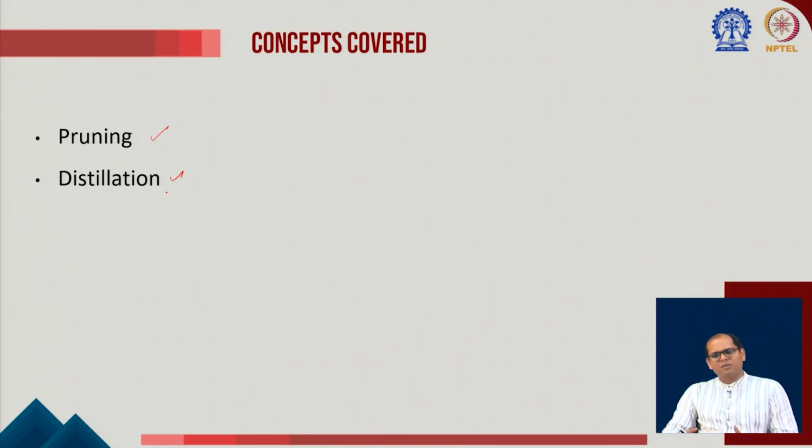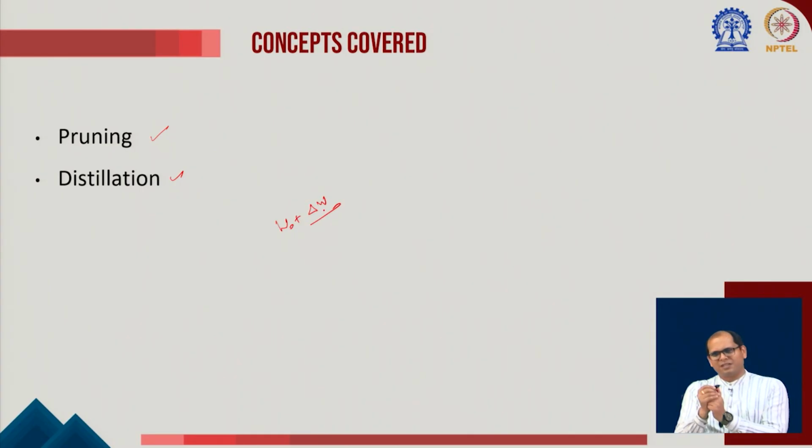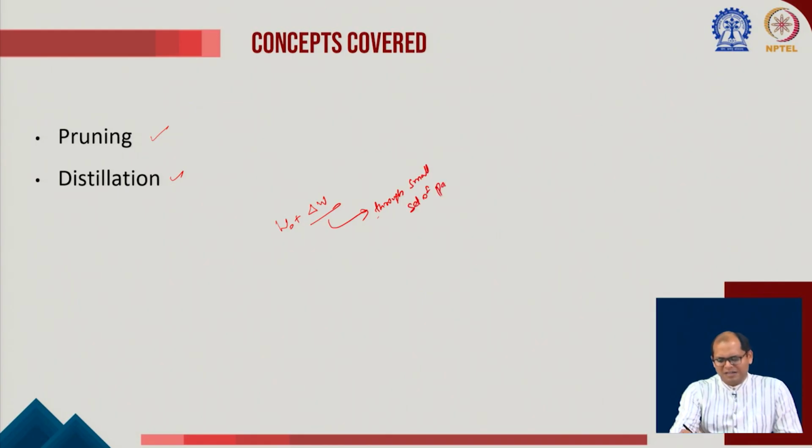We talked about one way where you can approximate the delta W parameters, the change, so you have W naught plus delta W. You can approximate this change through a small set of parameters. But now we will say, why can't we do something with the parameters?